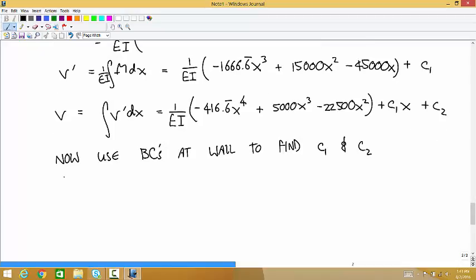So the first one, let's use the fact that at x equals 0, because x equals 0 is where that wall is, v is equal to 0.